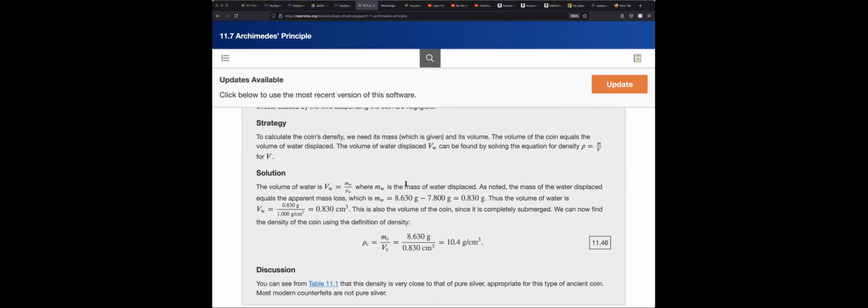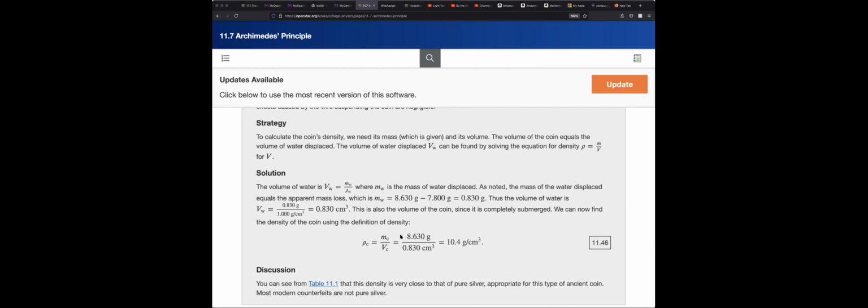But the change in that mass, which is that mass displaced, is the mass in air minus the mass in water. So we take the mass in air minus the mass in water, 0.830 grams, that is our mass of water displaced. So we plug that into our equation for mass of water. We know the density of water. So this is the volume that is displaced by that, 0.830 centimeters cubed.